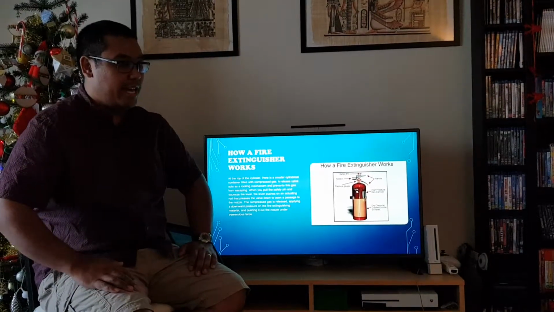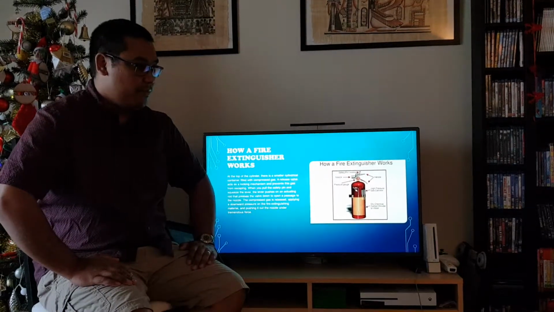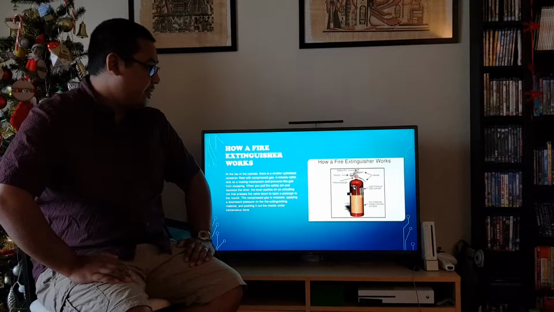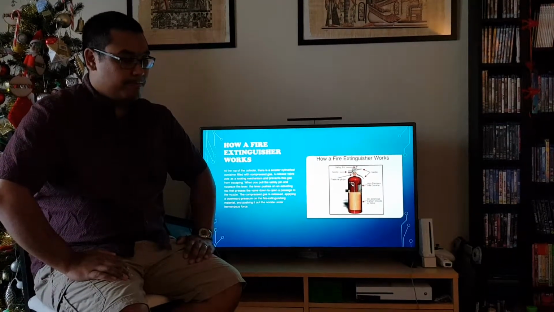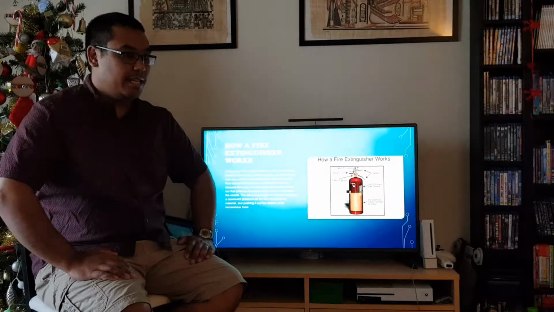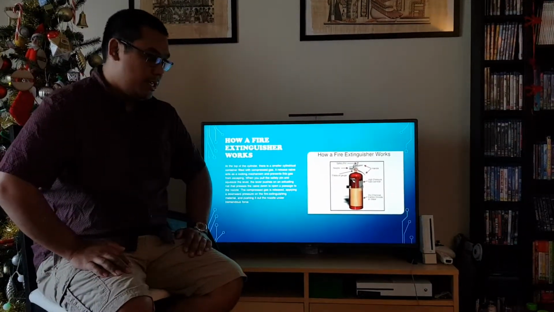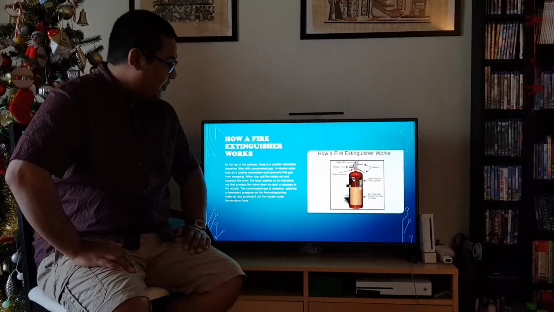So if it is only an A fire extinguisher, you can use it only for solids. When it's B and C, you can use it for oil and gas, and if it's only made for E, then you use it only for electrical fires. How to use the fire extinguisher?